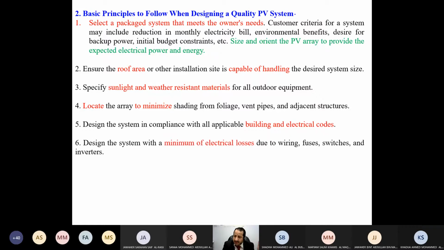Losses need to be minimized as much as we can, because for example, selecting the wrong size for the cables will increase the losses. Connecting the inverter far from the PV system will increase the losses, and so on. This technical stuff has to be considered when we design our system.